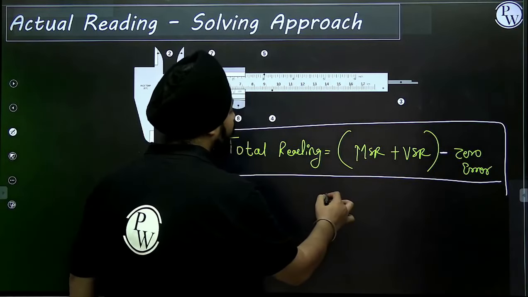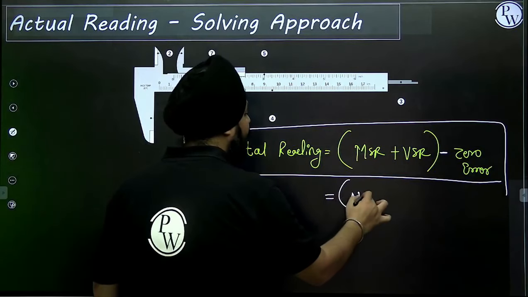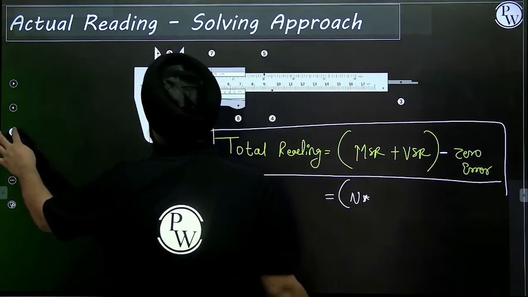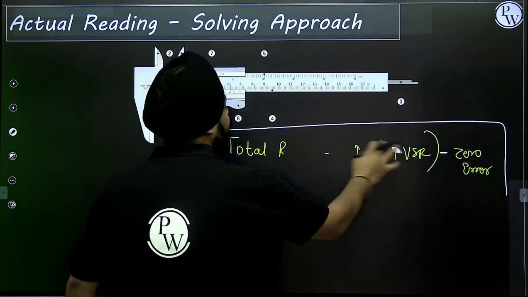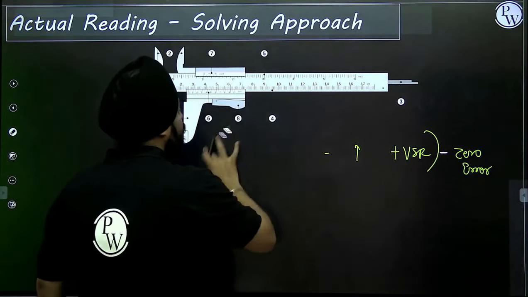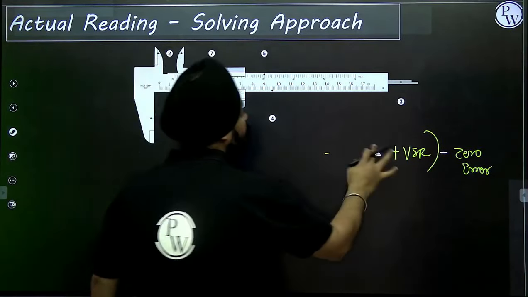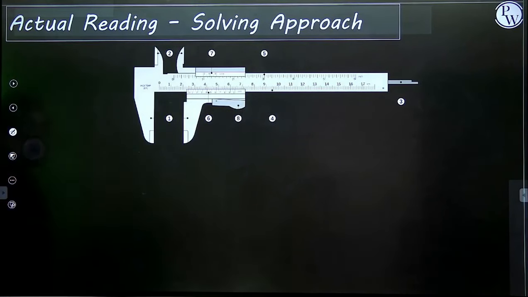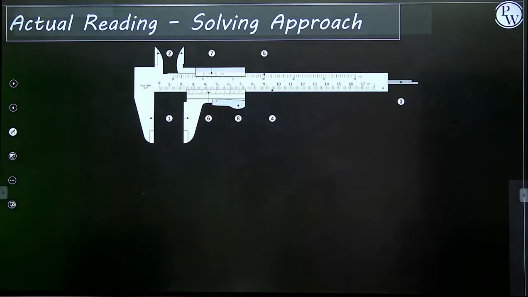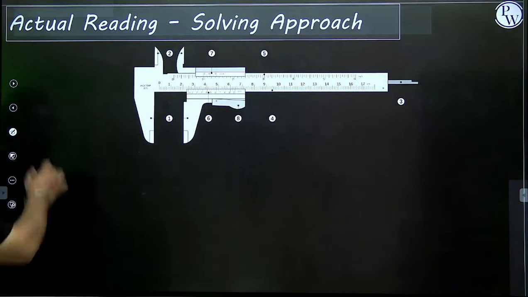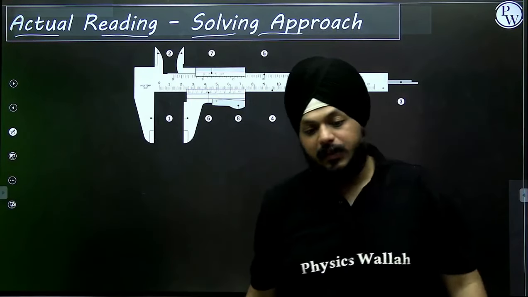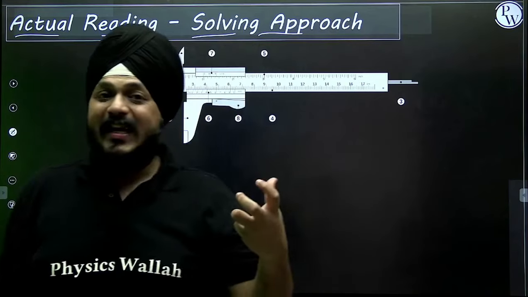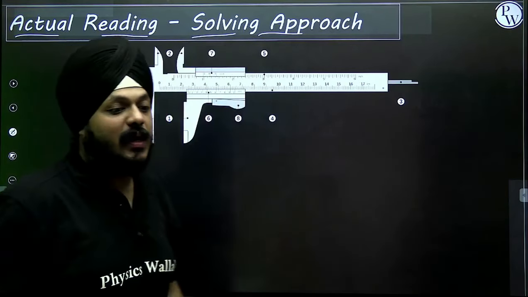What will be the value of MSR? That is the nth division coinciding. This is the actual reading and question solving approach for this caliper: how the total reading is calculated, and based on this, how sums are asked.